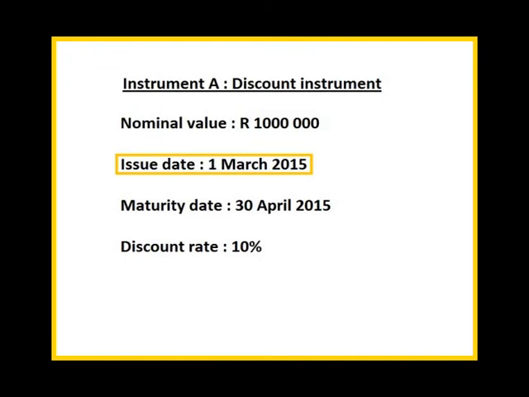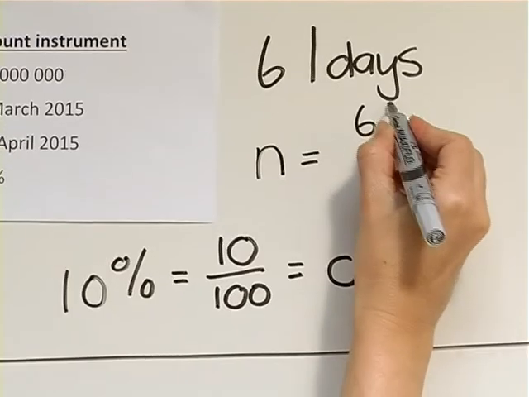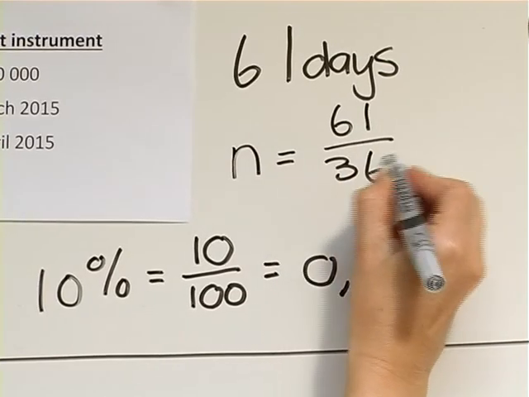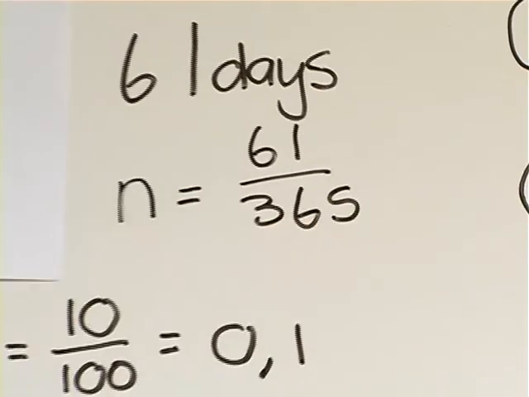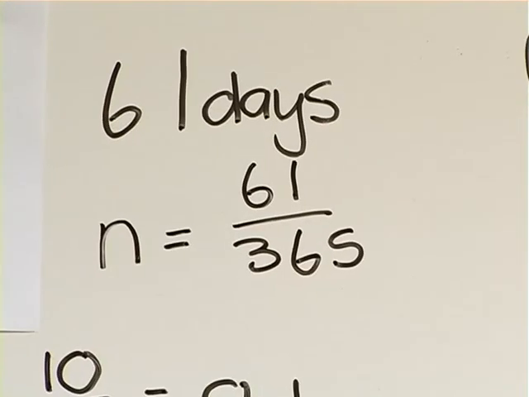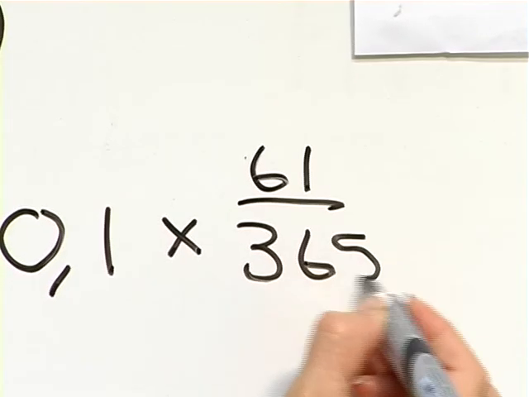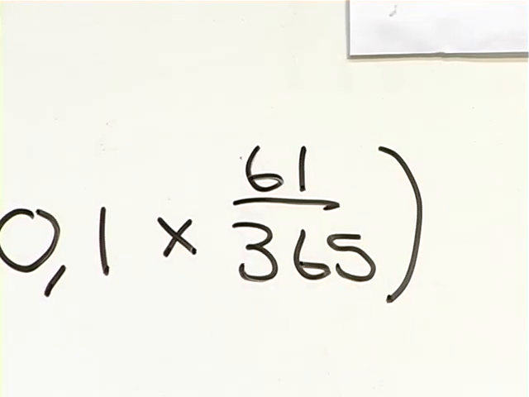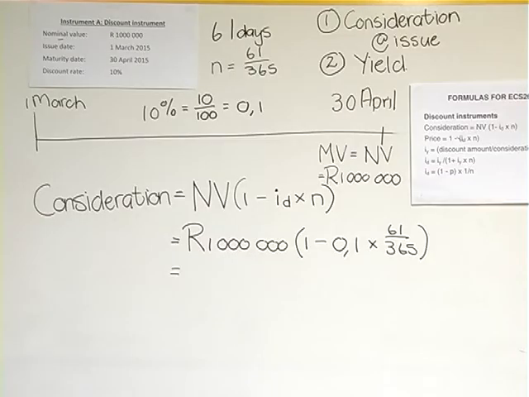This instrument is going to run from 1 March 2015 to 30 April 2015, and there are 61 days from 1 March to 30 April. So that means N is equal to 61 divided by 365, the number of days in a year. So we're going to replace N with 61 divided by 365.